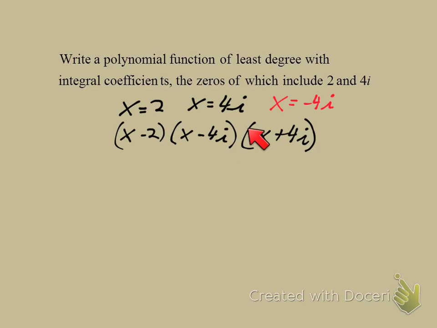If you are feeling adventurous and want to live dangerously, go ahead and FOIL x minus 2 and x minus 4i. I don't recommend it. I said if you want to live dangerously. What you should do is FOIL which two? The x minus 4i, the x plus 4i.